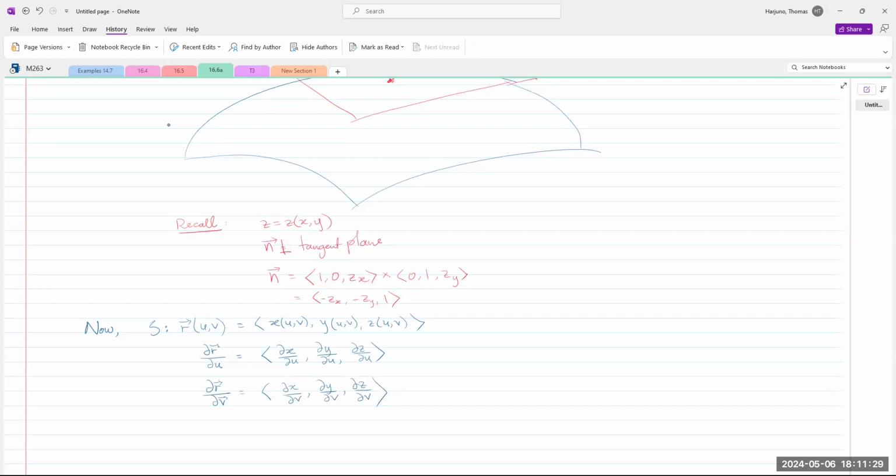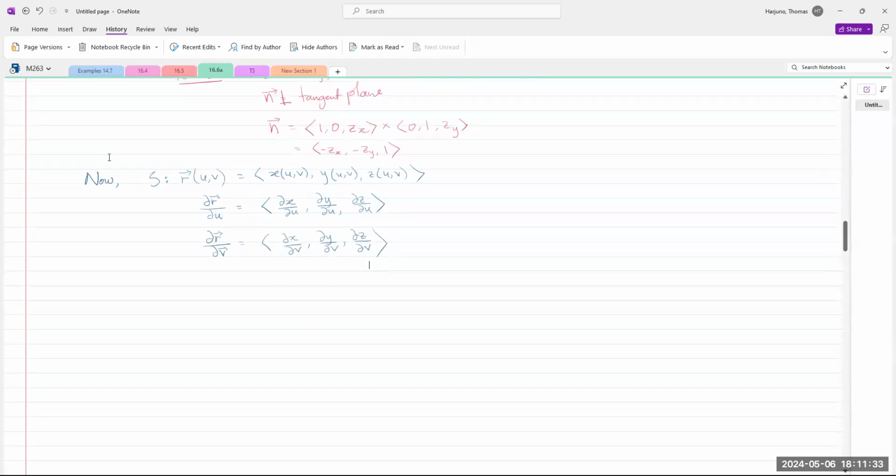Now, the vector normal to the tangent plane is therefore the cross product of those.